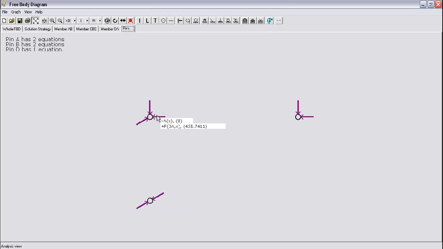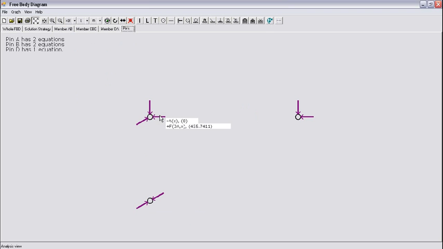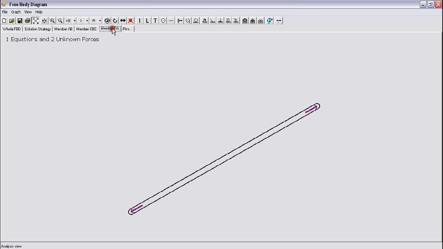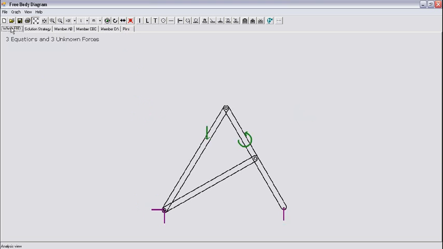There are three things that are happening at this point. One is 0AX, 0AY coming from member AB, AX and AY coming from the pin support, and on top of that F2A which is coming from member DA. In this situation you will have to draw the free body diagram of pin A. Why?